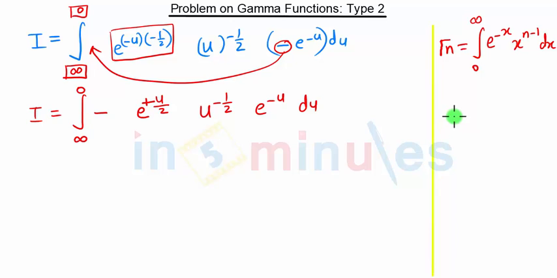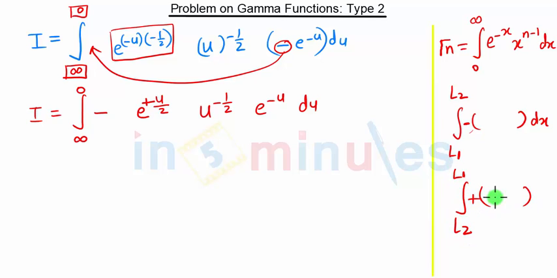And we know that whenever we have integration limits, let's say limit 1 to limit 2, this is our limit equation. When we have a minus sign, we can neglect this minus sign by changing the limits from L2 to L1, making it positive.